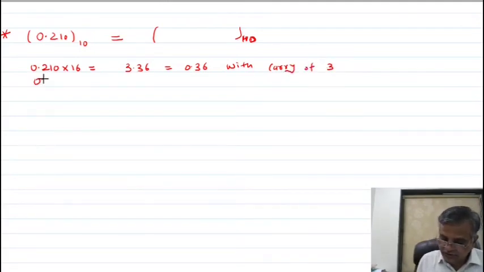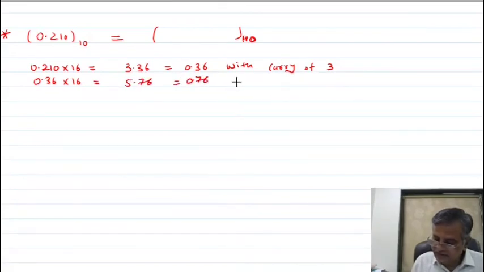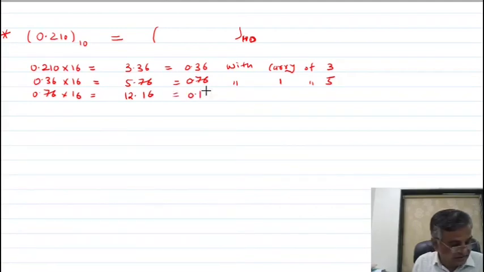So 0.36 multiplied by 16, you can get nearly about 5.76. It is 0.76 with a carry of 5. 0.76 multiplied by 16, you can write 12.16. It is nothing but 0.16 with a carry of 12.